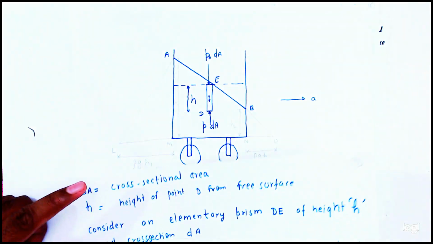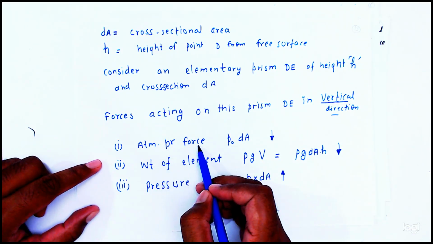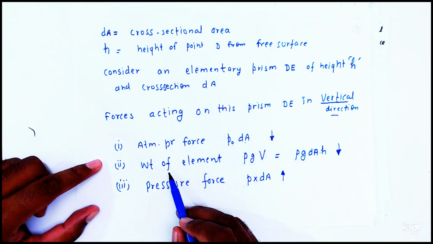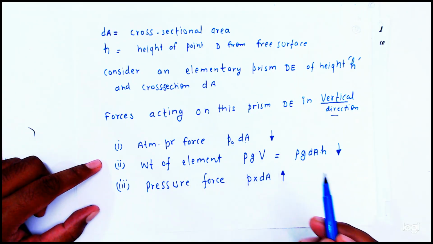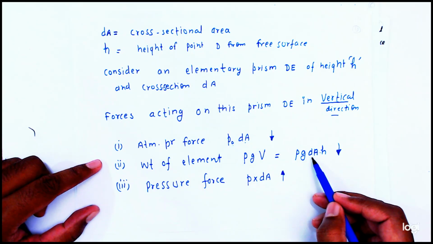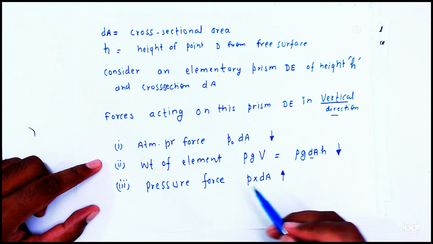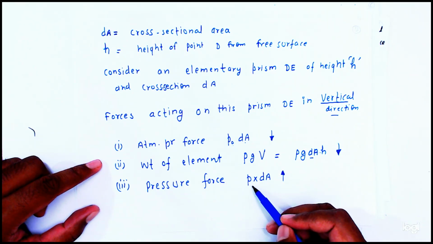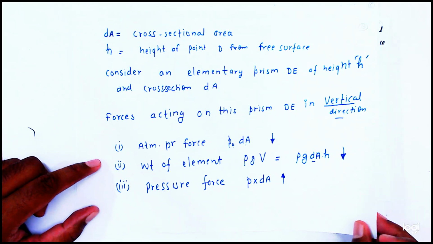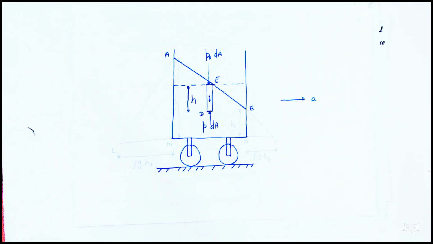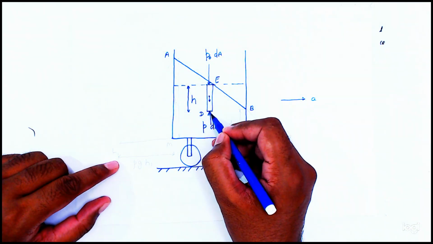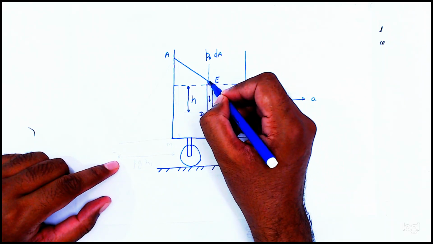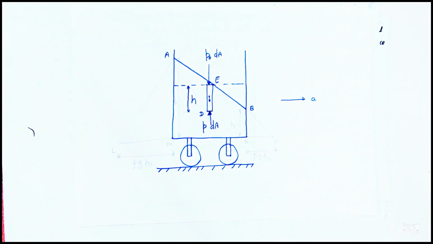So atmospheric pressure force P naught into dA acts downward, the weight of the element rho g into V, or we can say rho g dA into H, acts downward, and the pressure force P into dA acts upward. Getting friends? Something clear? Okay.